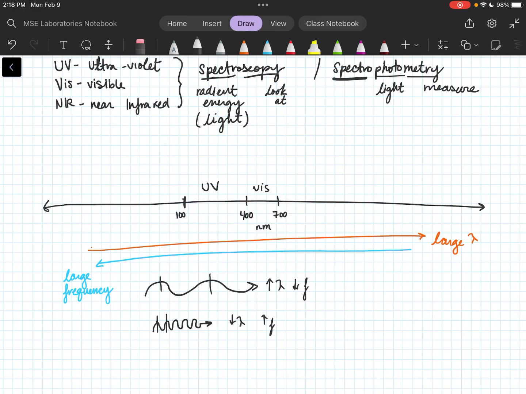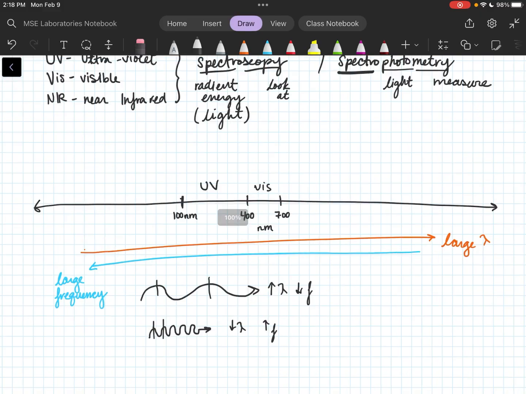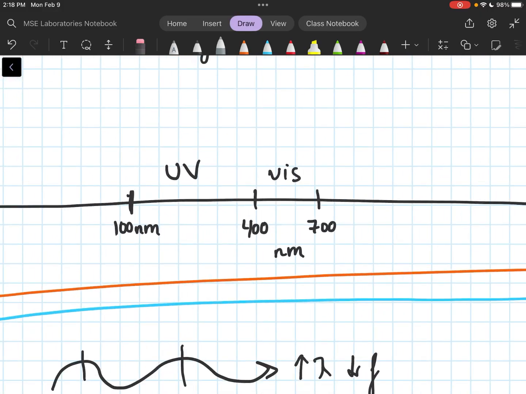UV goes from about 100 nanometers up to 400. UV is split into 3 regions. Have you heard that before? Do you know what they are?